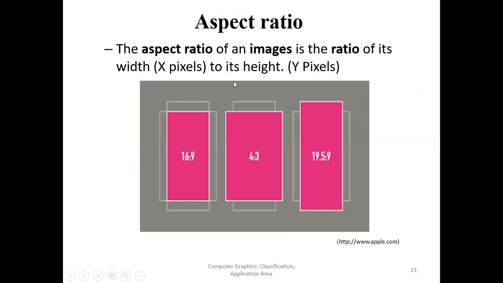So what does aspect ratio mean? Aspect ratio means that even on the same computer screen, you can change the ratio of width and height. If you play a movie in your VLC player and then press V to change the aspect ratio, I don't remember the exact shortcut, but you will see that you can change the ratio of the pixels.